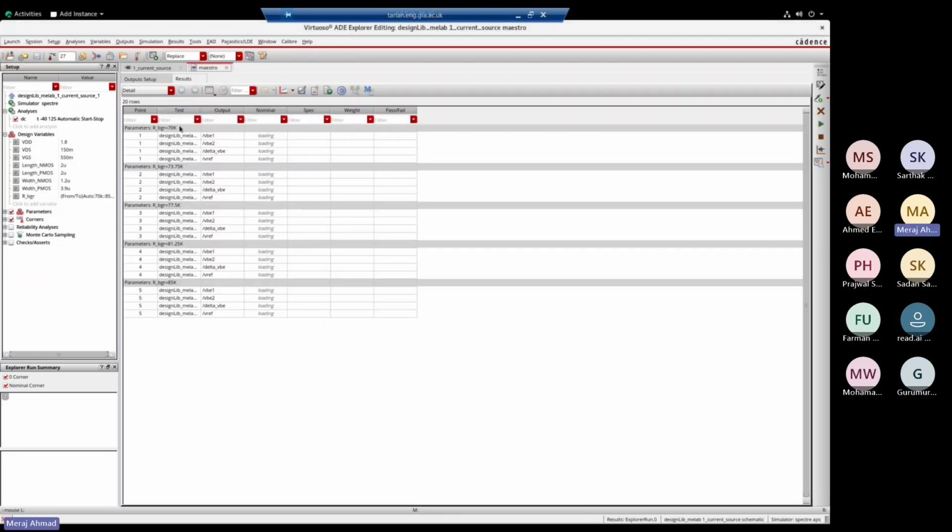I made it auto, so it gave fewer points, but if you want a very fine sweep, you can also do that. In this way, I just see my VREF plot, and I know that I can set it. And the value is 75. Okay.